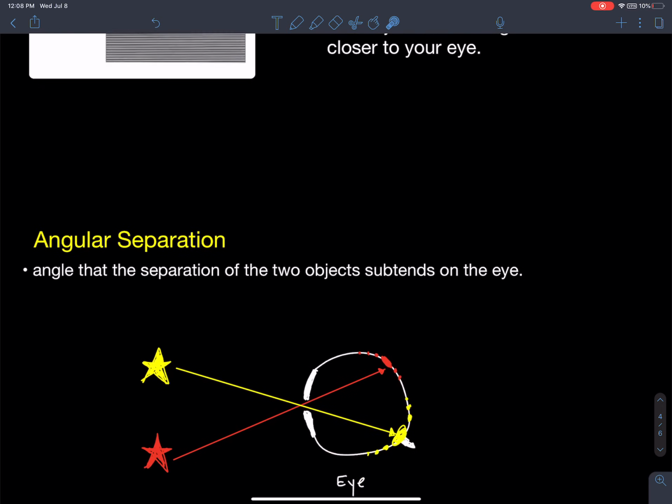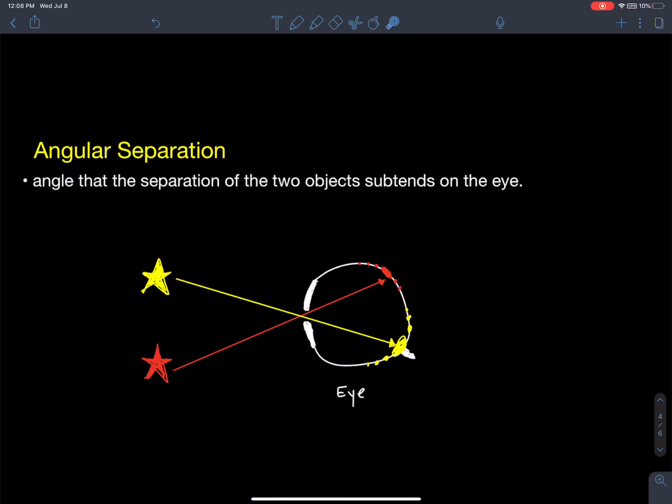And what he describes is angular separation. When I take a look at these two objects, the yellow star and the red star, I don't really define how far away they are from each other. I'm looking at the angle that those two objects subtend on my eye, formed between here.